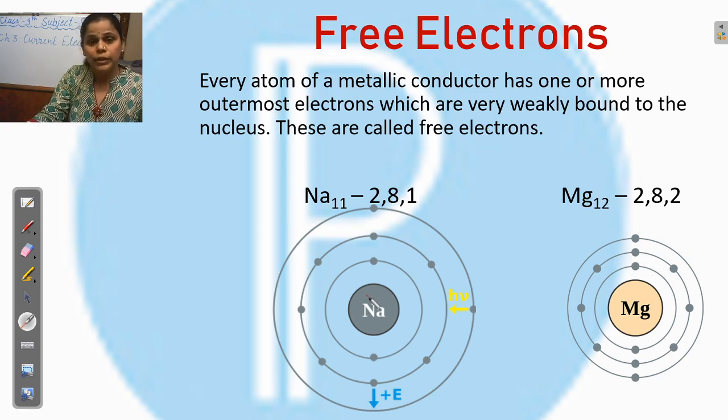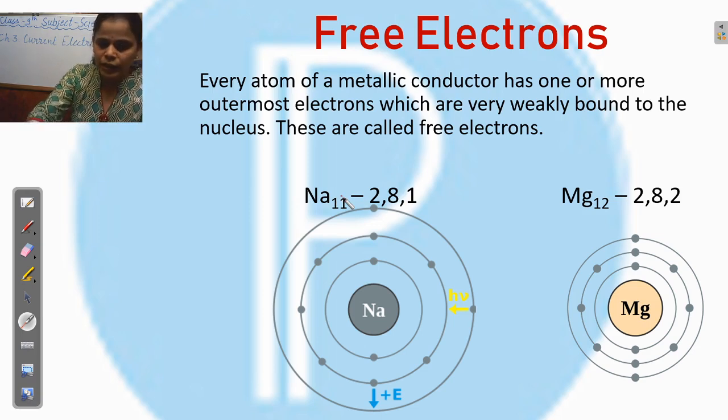In your previous standard, that means in 8th standard, we studied the electronic configuration of atoms. So let's see the electronic configuration of the sodium atom and magnesium atom, for example. Students, here is the rule to distribute the electrons in their orbits.